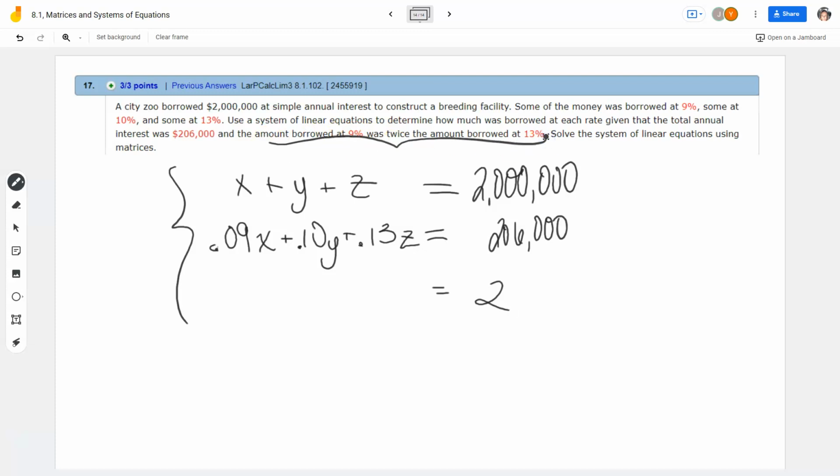So what represents the amount borrowed at 9%? Good. This is what I took out of this account, right? This is the loan that was 9%. The X is how much money is in that account, or was from that loan, I should say. And so what am I going to put here? But I don't like how that's oriented.